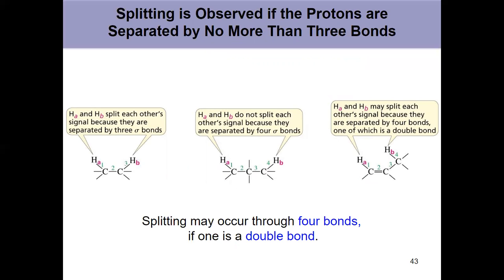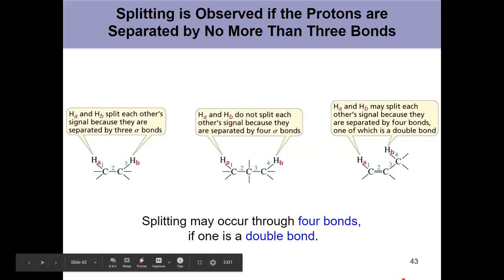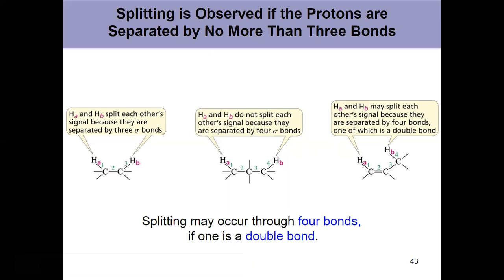Splitting is observed if the protons are separated by no more than 3 bonds, okay, with one exception you see there at the bottom. Okay, splitting has to do all about bonds, nothing about space in 3D. Okay, because otherwise rings and bended protons, you would see splitting there, right? The splitting we're thinking about here in NMR, just about the number of bonds away.